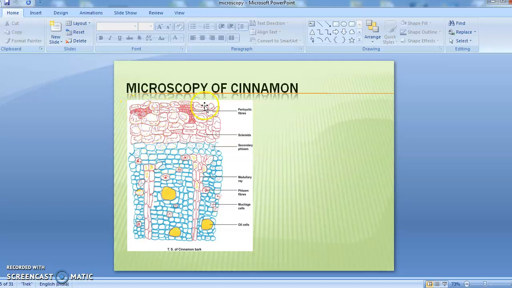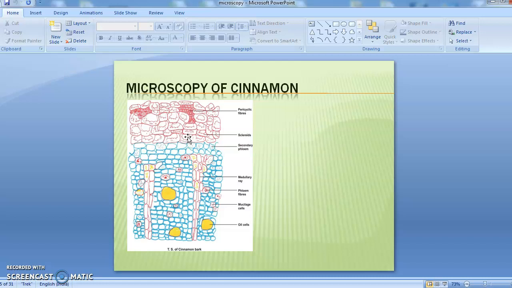This pericyclic fiber is also called a stone cell. It is light in color, wavy in nature, and it is an outer layer. Below that, the sclereids are present.